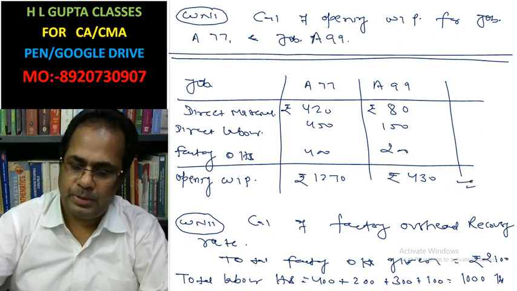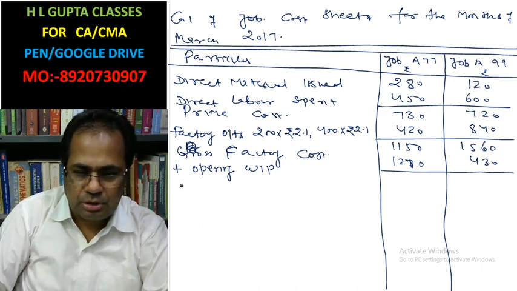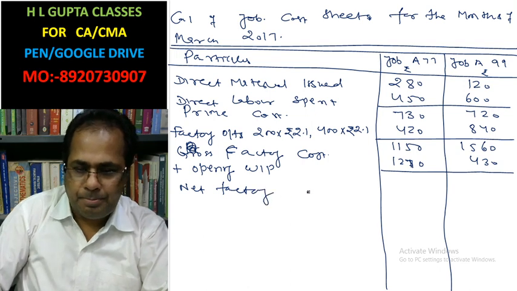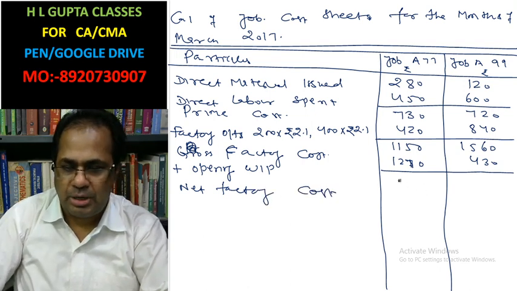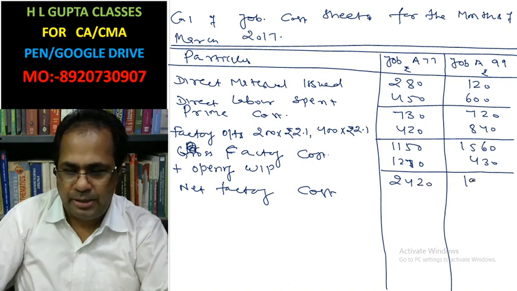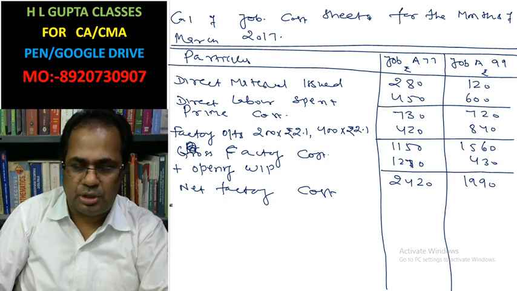Okay. Now this is the net factory cost. Net factory cost you have 2420 and 1990, plus selling and distribution expenses.